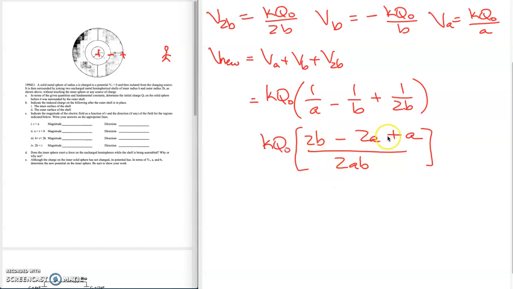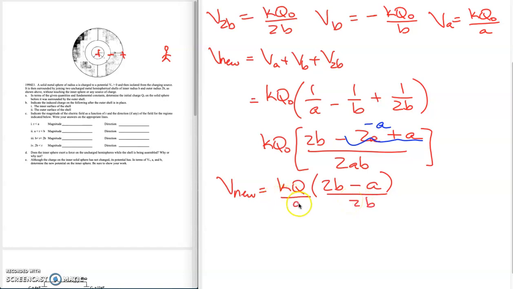So let's see here, 2B minus 2A plus A, these guys are going to turn into minus A. So V new is going to be K Q (2B minus A) over 2B. And let's move the A over here.